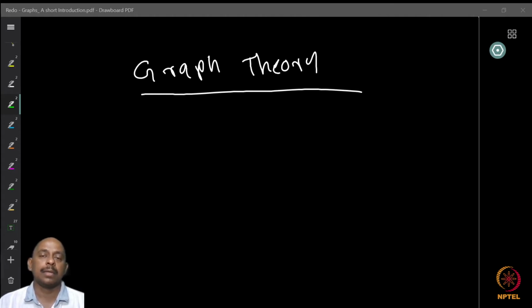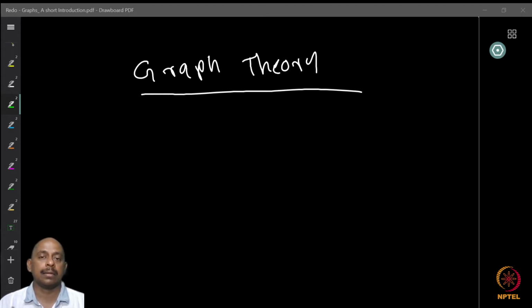This is because graphs, as we'll define soon, are representing relations between pairs of objects. And it is a way to visualize the relations in a nice way, so that one can see what is happening just in a pictorial manner.